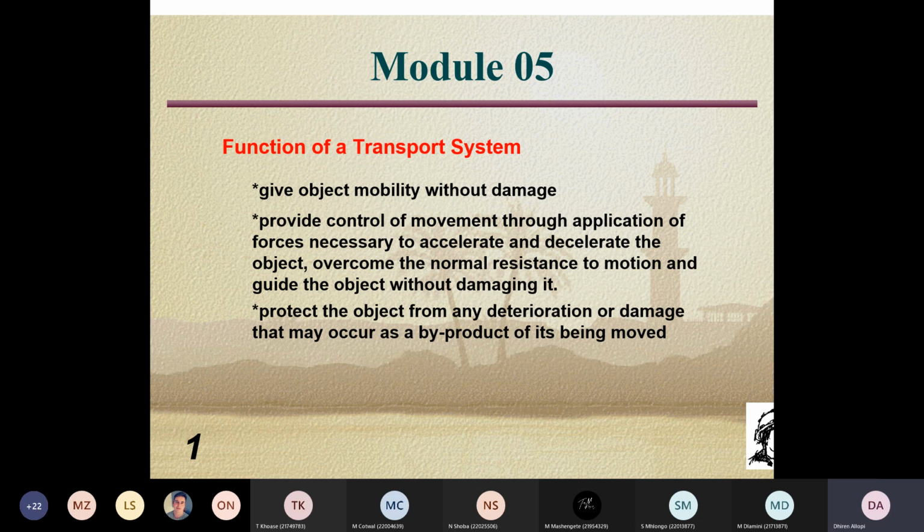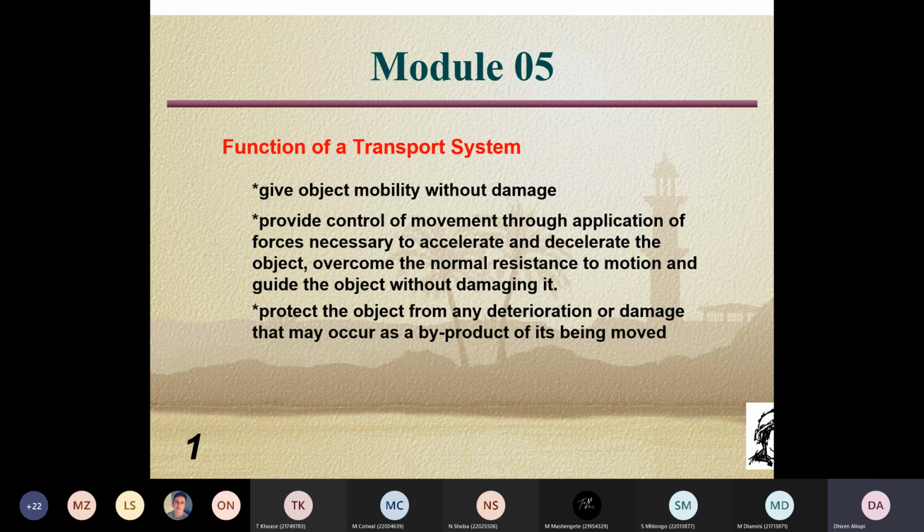And this aspect of overcoming resistance to motion is one of the sections that you will cover in traffic engineering. Very interesting calculations on that, whether, for example, a vehicle will be able to climb a certain grade, taking into account your resistance to motion, resistance to air, and so forth.